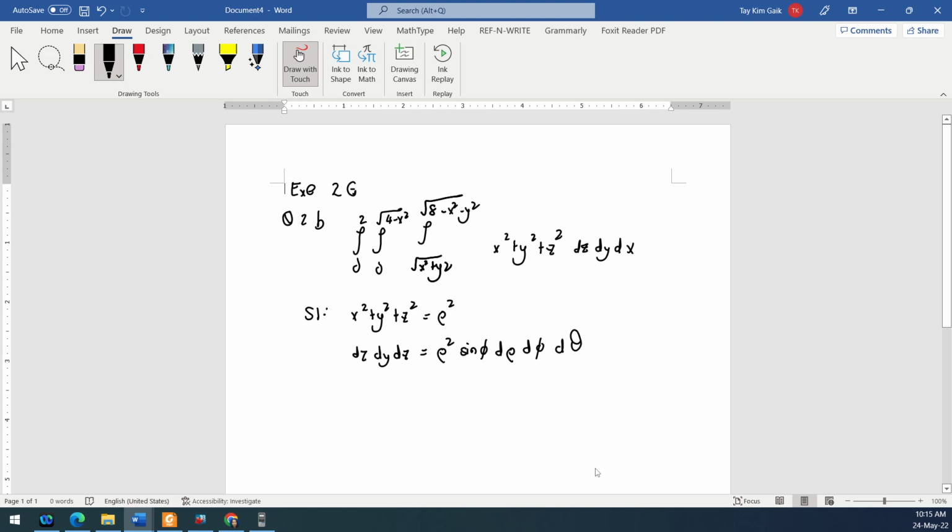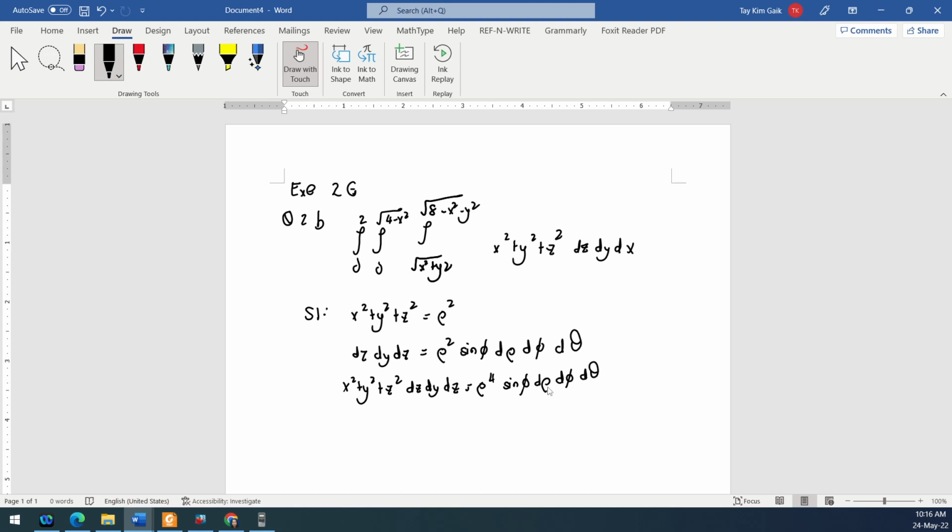I mean, in total, your x squared plus y squared plus z squared dz dy dx is rho squared times rho squared, so rho to the power 4 sin phi d rho d phi d theta.